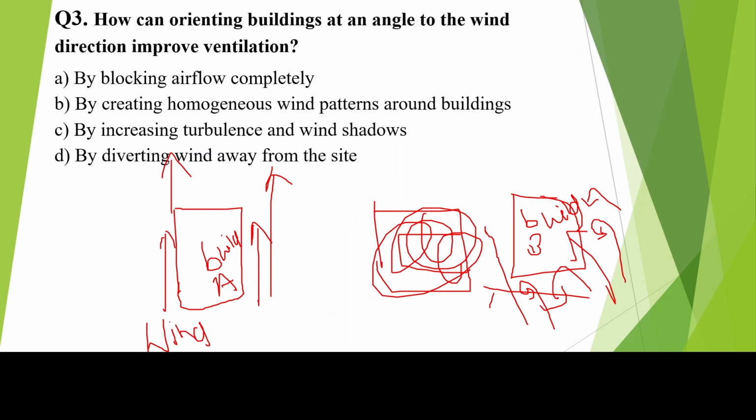By creating homogeneous wind patterns around the buildings, whenever you orient a building at an angle to the wind direction, it will improve the ventilation. Angled placement relative to the wind ensures smoother airflow around and within the site, preventing large dead zones and improving cross ventilation. Fine.